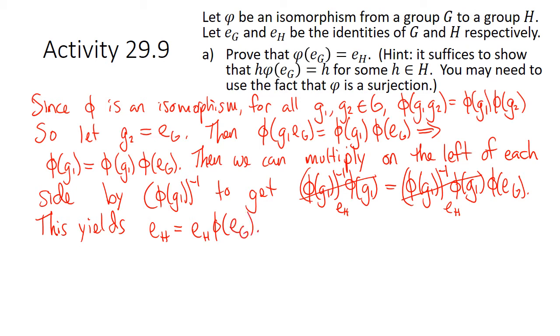Okay, and then from there, you can just cancel out the EH on the right because you don't need to write EH times an element of H. It can just be by itself. So this is telling us that EH equals phi of EG, like that. Okay.